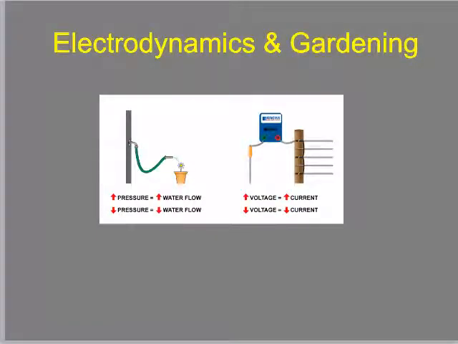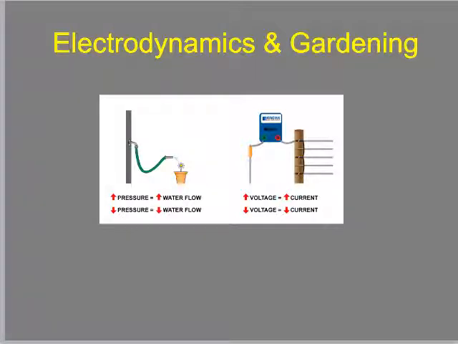Okay, so again, if we have a garden hose, and we've got increased pressure, what just happened? We would expect increased flow of water. So increased pressure would equal increased water flow, right?